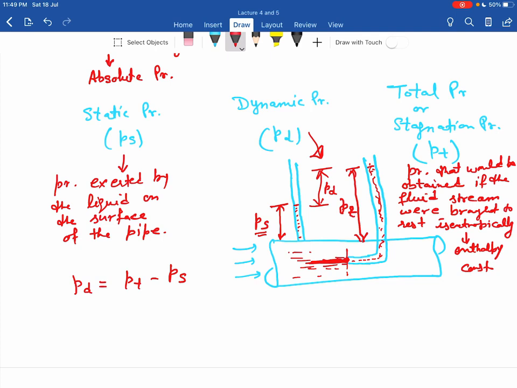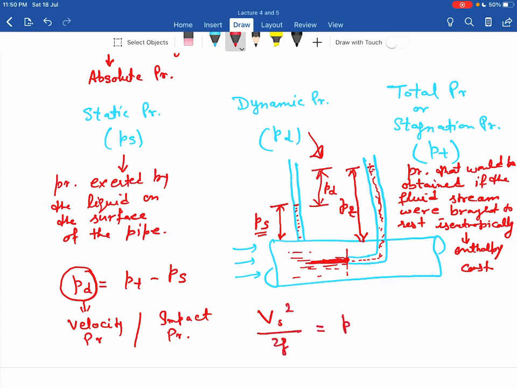We have some other names for this dynamic pressure also. One is called velocity pressure, another name is impact pressure. This PD is the velocity pressure. We also write it as Vs squared divided by 2G, or simply V squared divided by 2G, equal to PT minus PS.